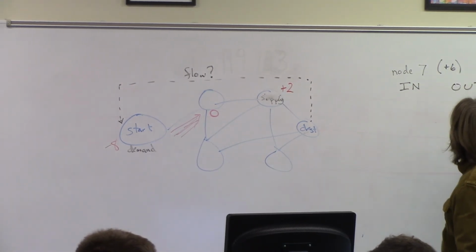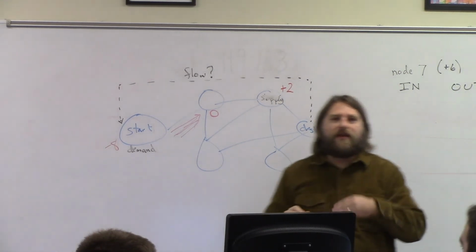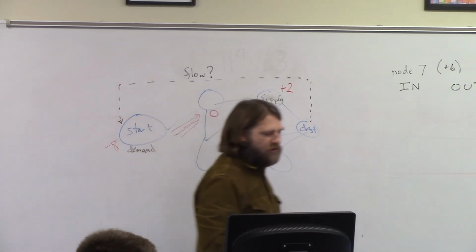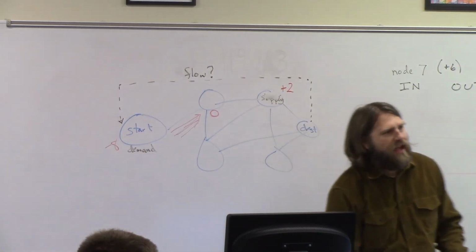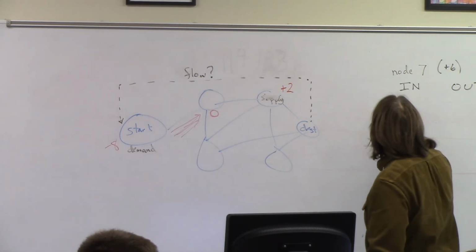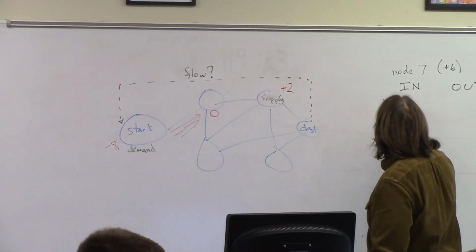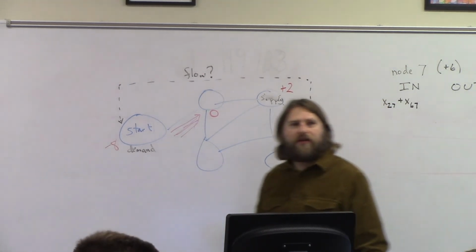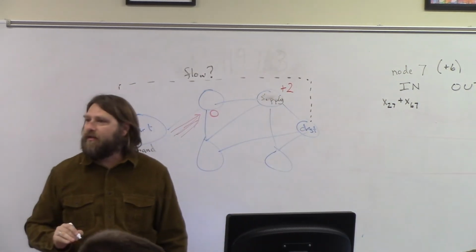So let's do this in, out. What is the input into node 7? Which connections do we have into node 7? 2 and 6. So we have x 2 to 7, and we have x 6 to 7, right? That's the input into node 7.